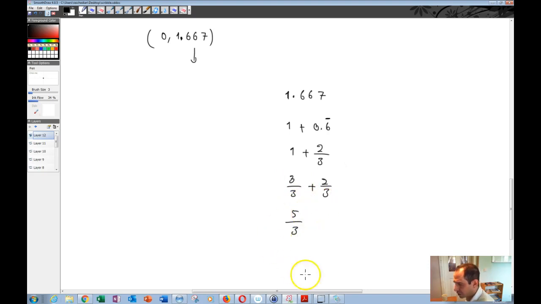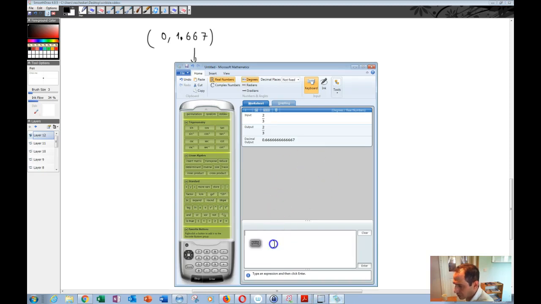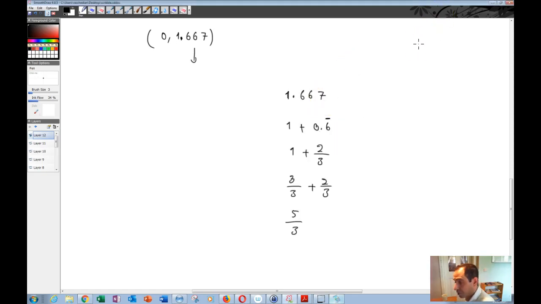So 5/3 is the same thing as 1.6 repeating. So I can write this point as 0 comma 5/3. That's actually the same thing.